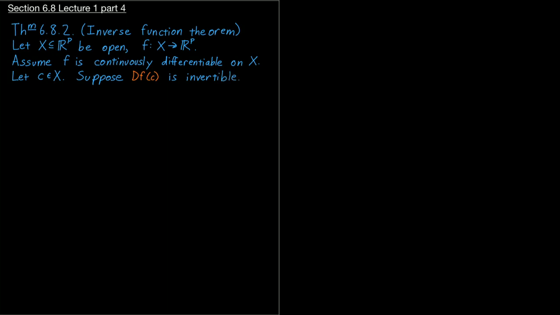And then the conclusion is that there is an open set U contained in X with C in U such that f is 1-to-1 on U, and let's list this as a bullet point: U is open.